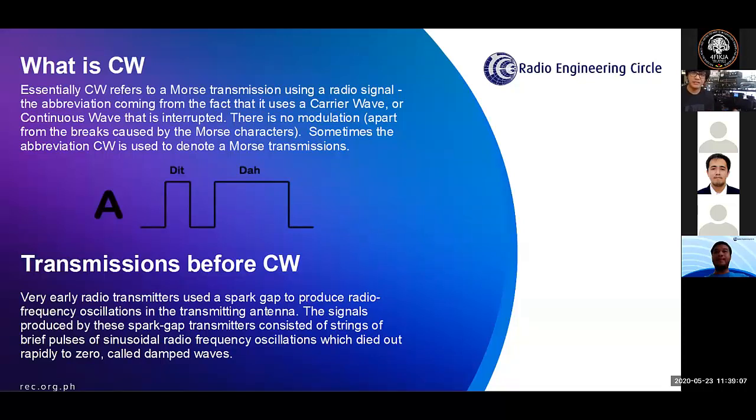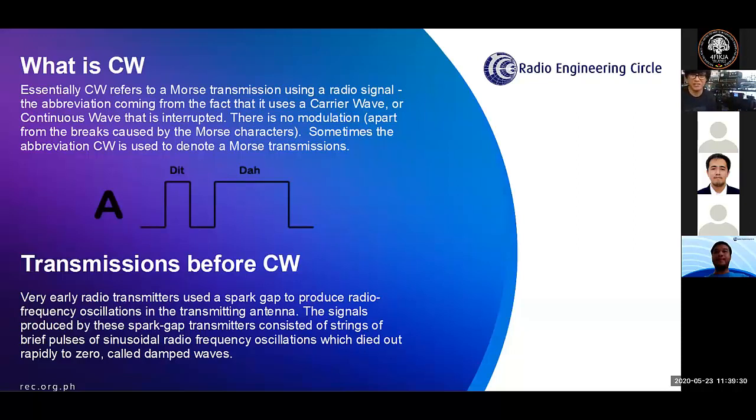But essentially, CW is like a transmission, one continuous transmission. If you interrupt it, that's the time that you are sending information. If you're not sending information, it's just one straight line.